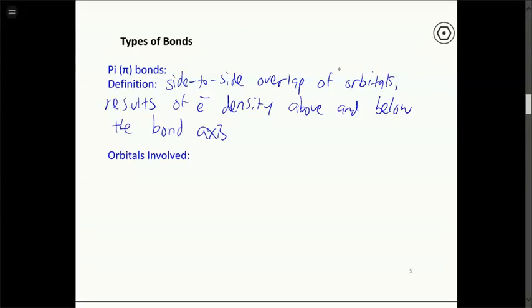Okay? So side-to-side overlap above and below the bond axis. And the only types of orbitals from our standpoint that are going to form pi bonds are unhybridized p orbitals. Alright, so as I said, hybrid orbitals will only form sigma bonds, and any unhybridized p orbitals that you have could be involved in pi bonding.